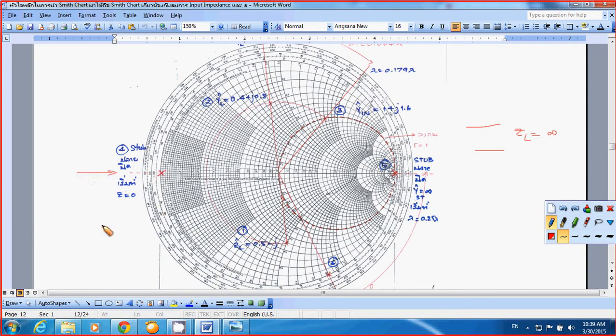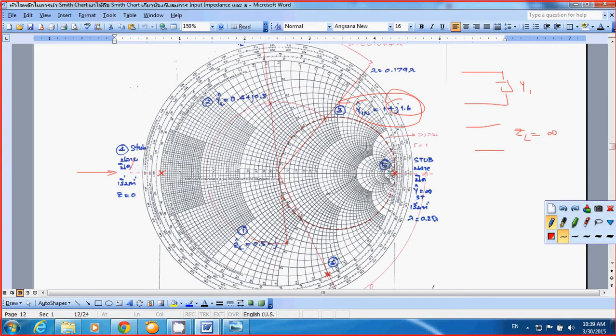This is the start from here, and then whenever you want to cancel out the imaginary part of your Y in, for example, here you need negative 1.6, whereas your negative 1.6 is right here, but for the open stub, you start from this point.